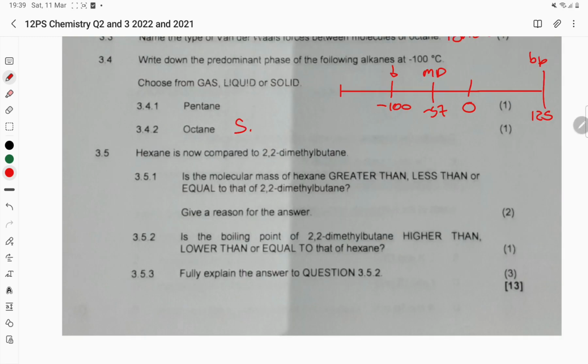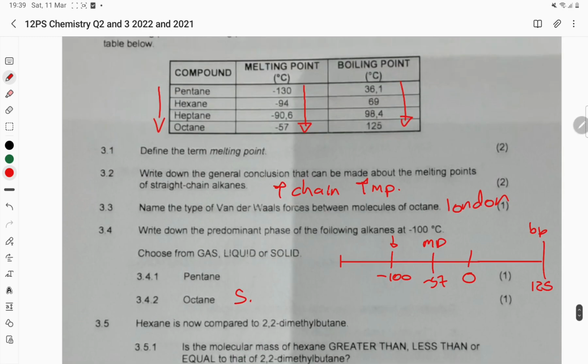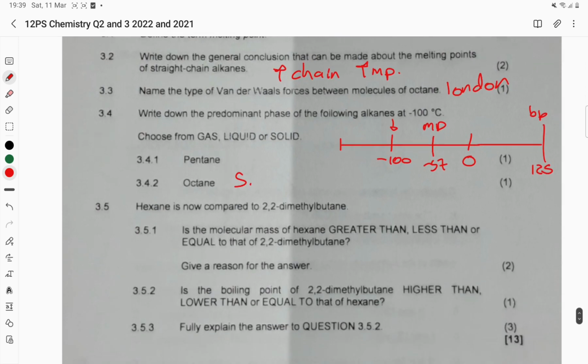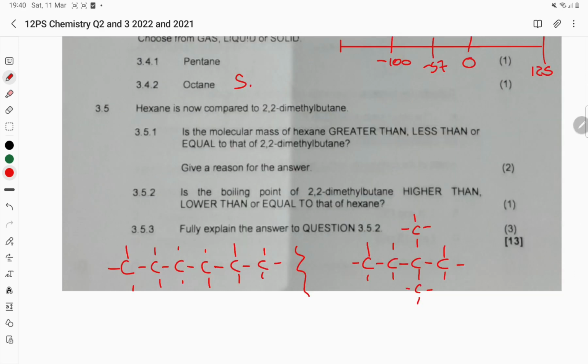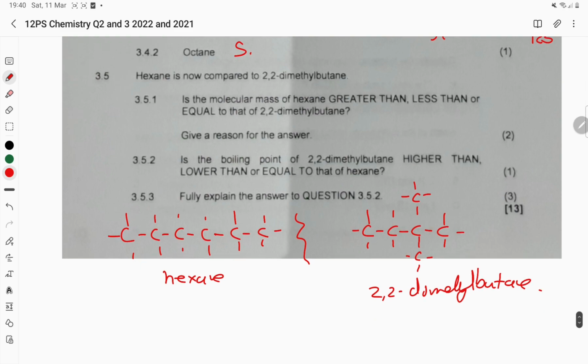Hexane is now compared to 2,2-dimethylbutane. I will probably have to draw this out. Here's my hexane, and here's my 2,2-dimethylbutane. Is the molecular mass of hexane greater than, less than, or equal to?